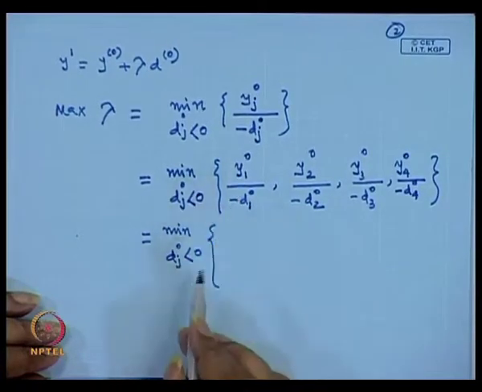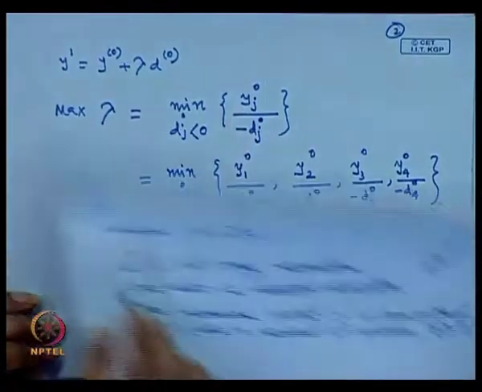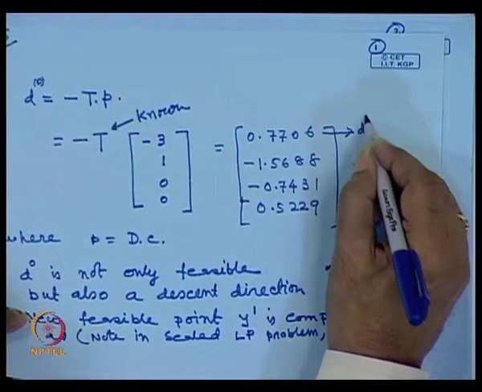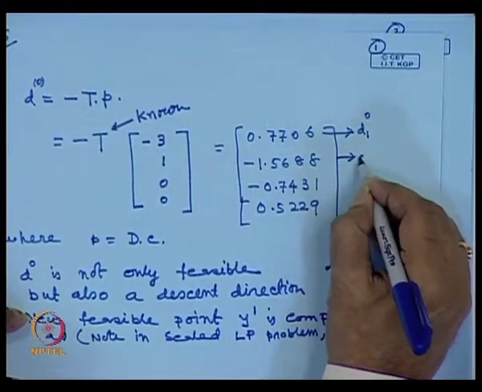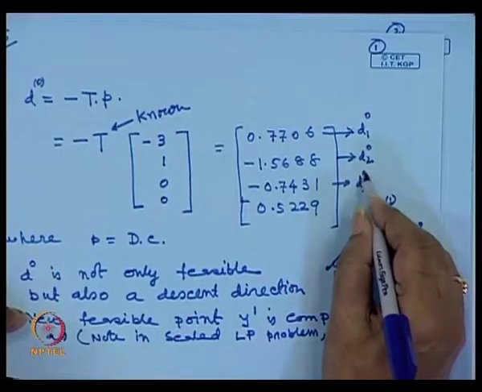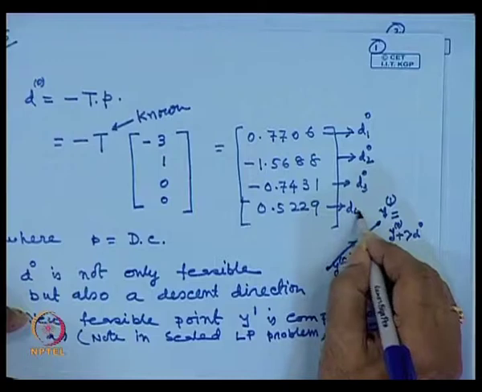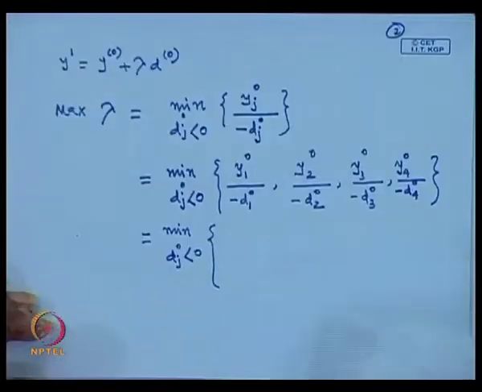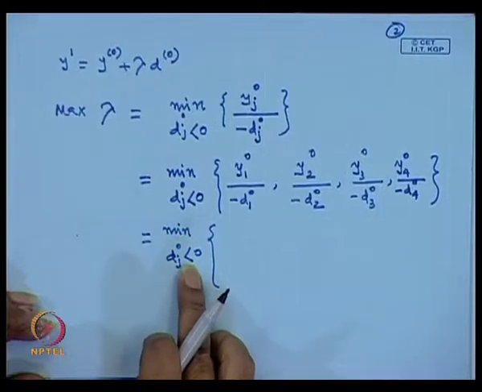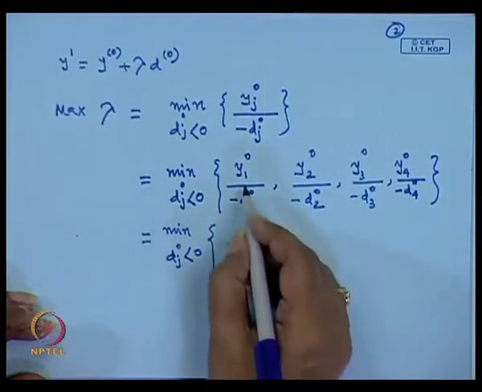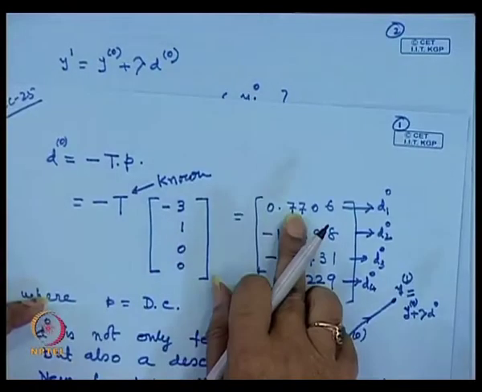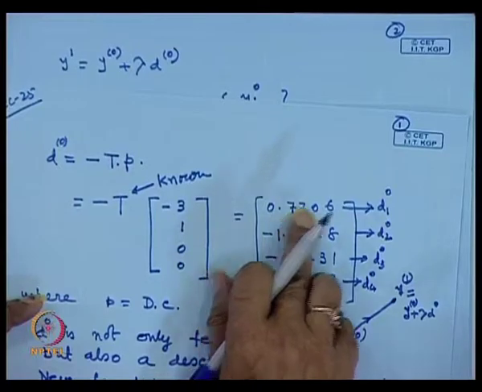For less than 0, now you see we have computed d here. If you consider, this is our d1 superscript 0, this is our d2 superscript 0, this is our d3 superscript 0, this is our d4 superscript 0. So, we will consider only the d j less than 0. This d1 superscript 0 value is positive, agree, positive.